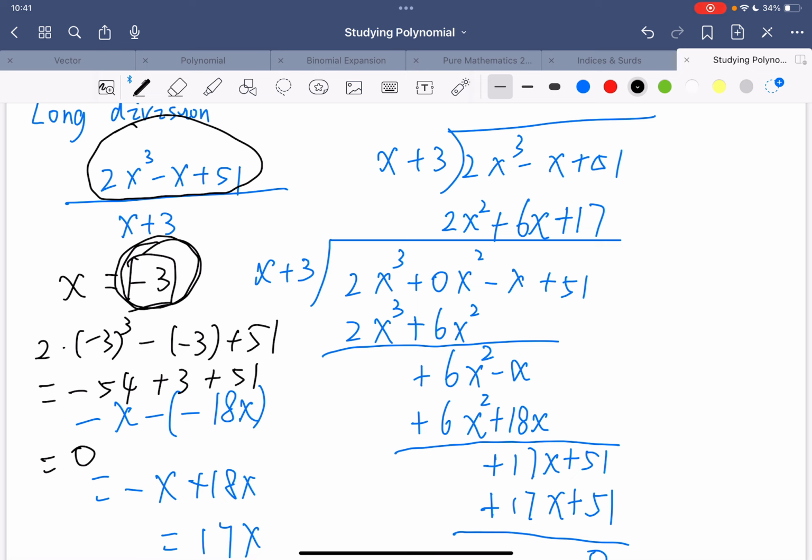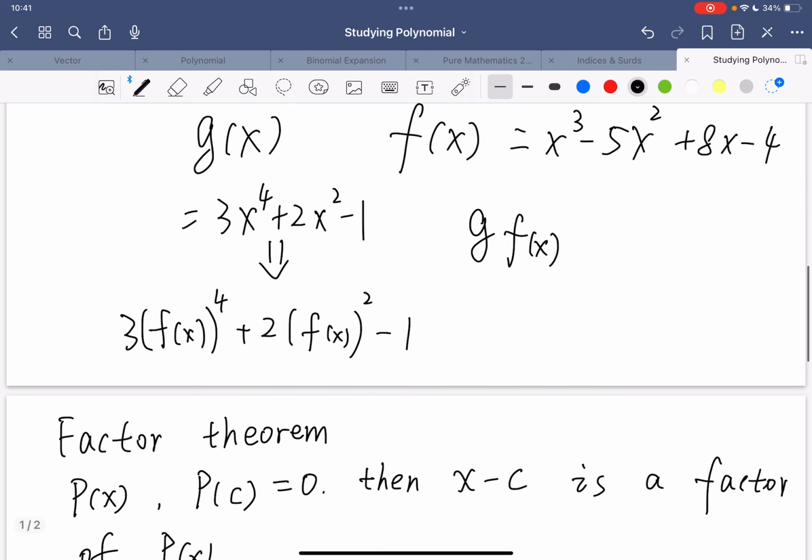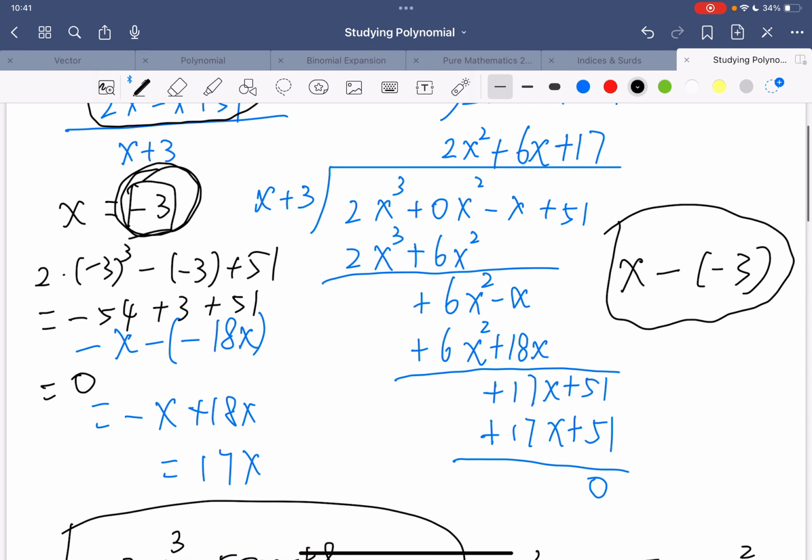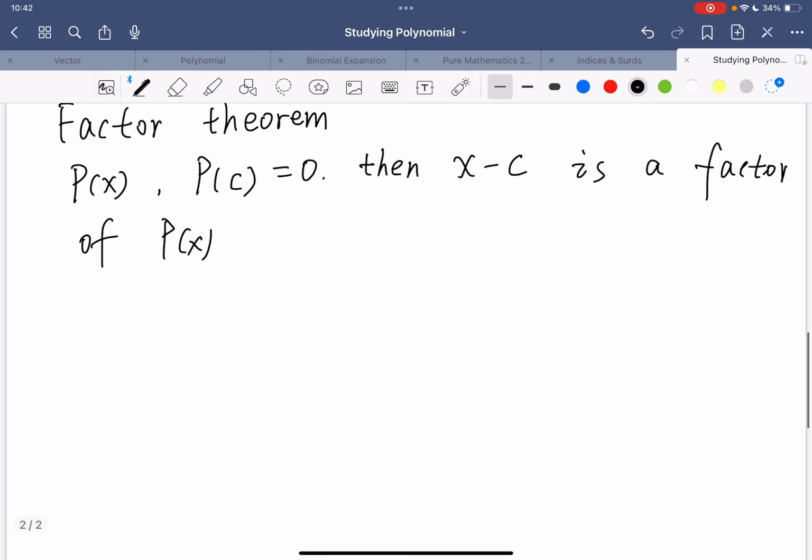So we say that x minus (-3) is a factor of the polynomial, and x minus (-3) is equal to x plus 3. So this one is a factor of the polynomial.